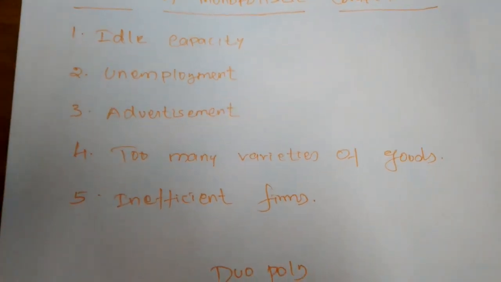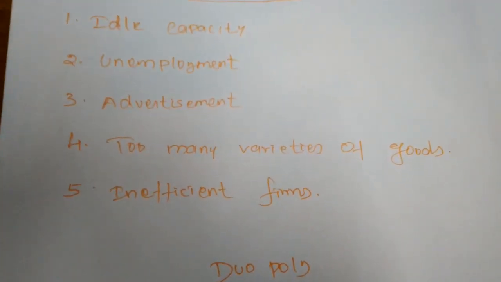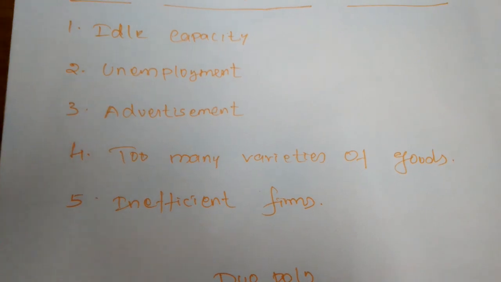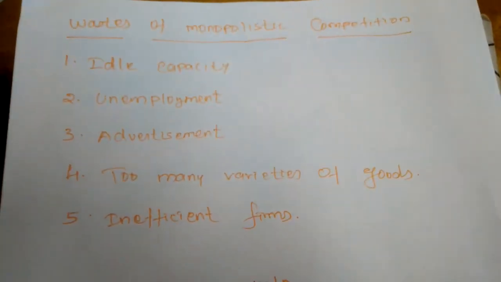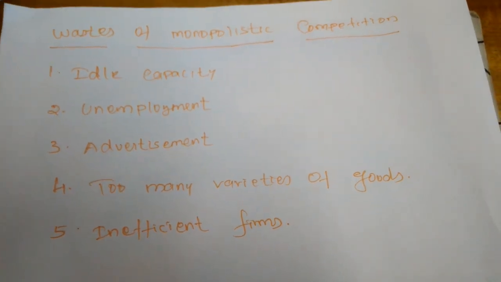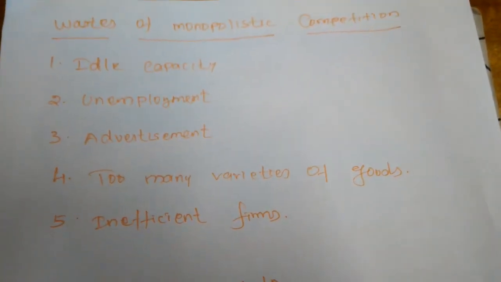So inefficient firms also remain in the market. Thus these five wastages arise in the monopolistic competition market.